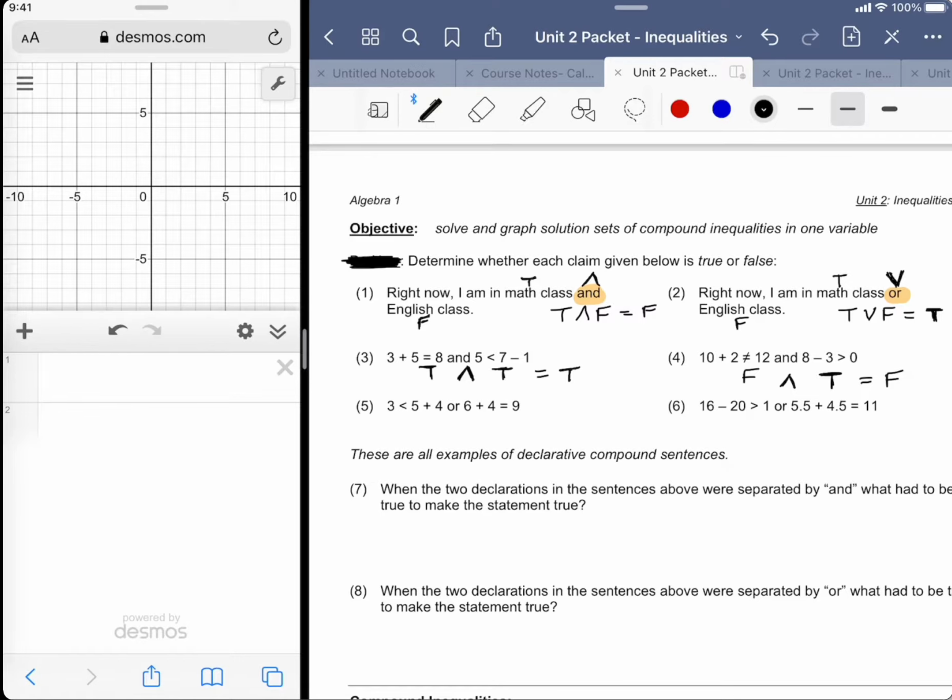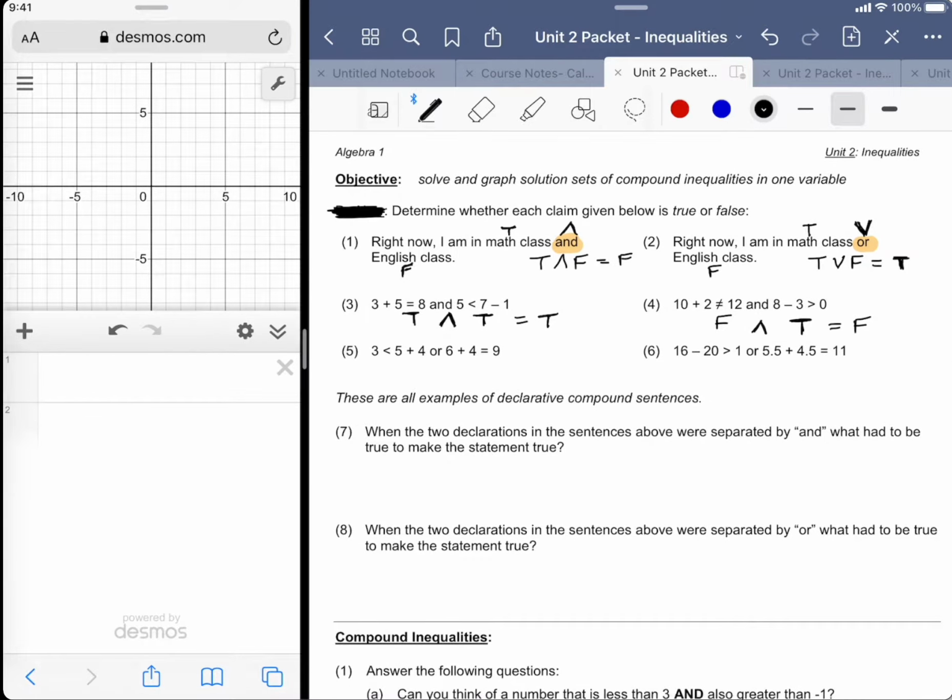All right, so as a rule, what we would say, if a sentence is separated by the word and, the logical connective and, the whole sentence is true if both parts are true. Otherwise, it's false.